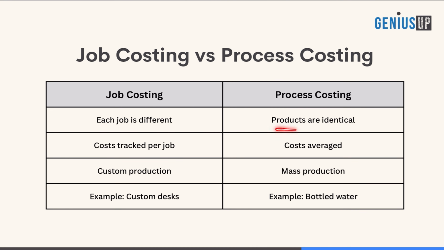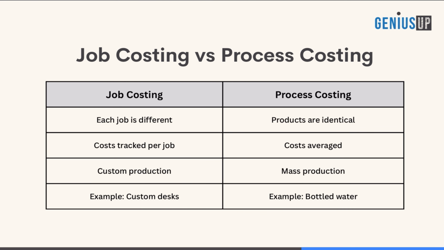In job order costing, the costs are tracked per job. In process costing, the costs are averaged across the products that are produced. In job order costing, it's custom production. The products that are produced are unique in nature, depending on the job. However, process costing is usually for mass production.